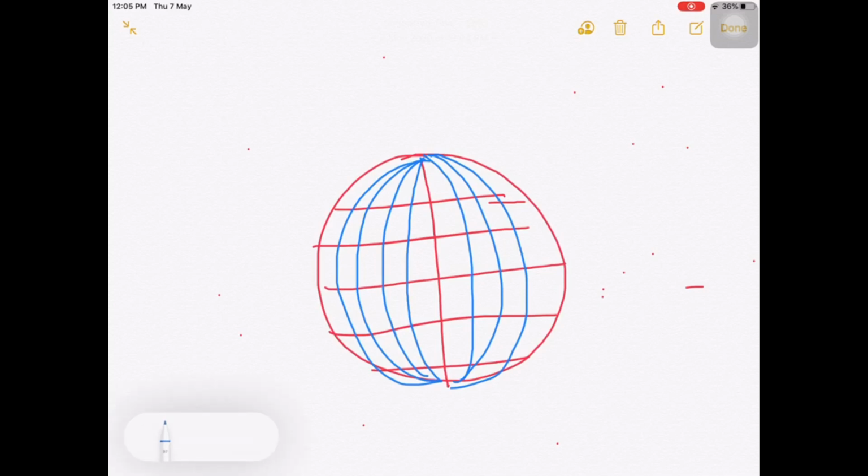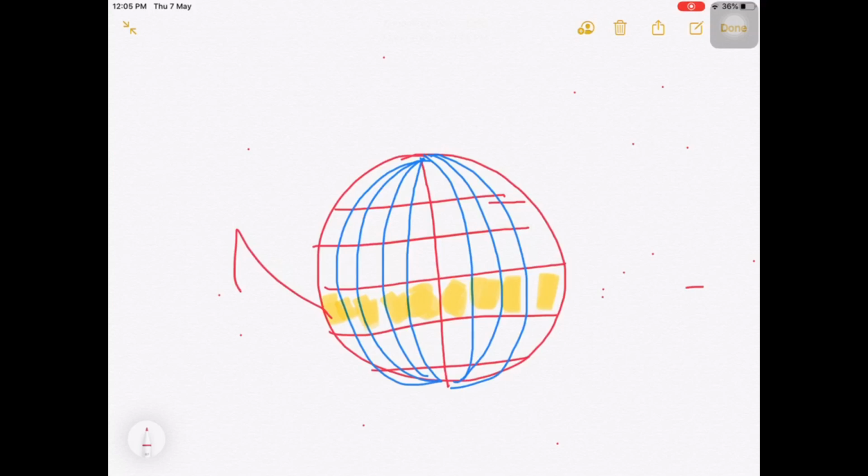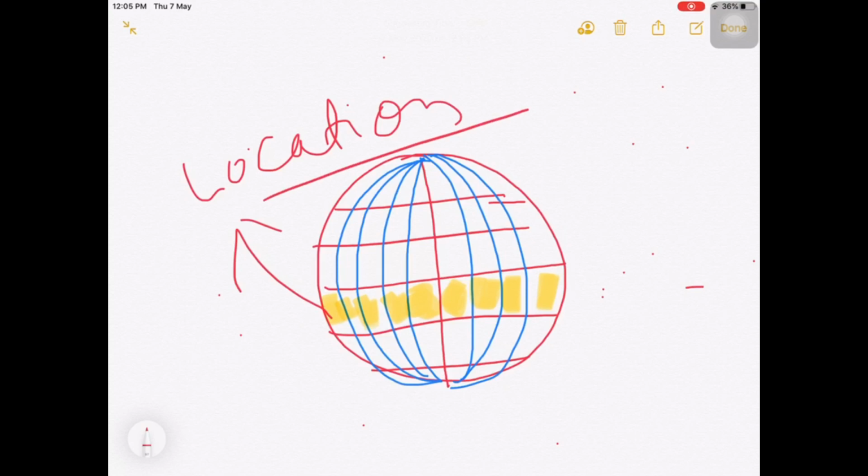Here you can find that whenever we make latitude and longitude lines, they make some small grid squares. Here you can see they are making small boxes. These small boxes are going to help us find the location of any place.